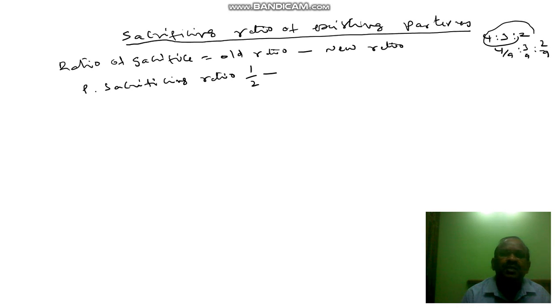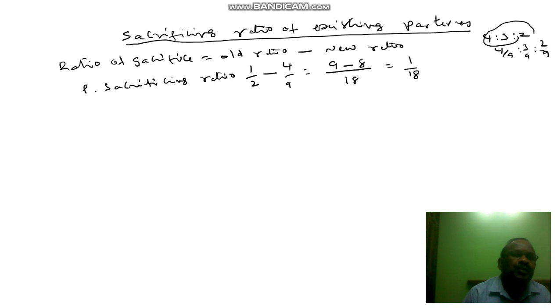So 1 by 2 minus 4 by 9, the common denominator is 18, so 9 minus 8 is equal to 1 by 18.